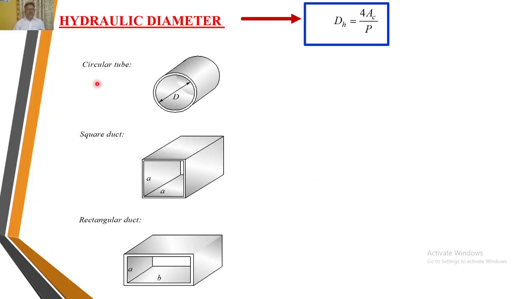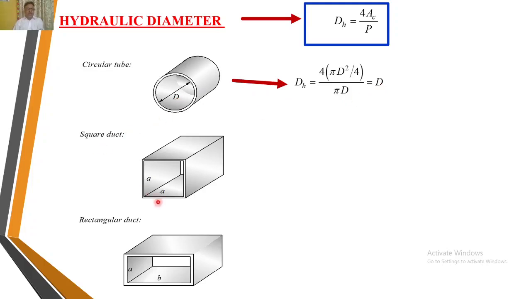For example, for a circular tube of internal diameter D, the hydraulic diameter is dh equal to 4 into the cross-sectional area, pi by 4 D square, over its perimeter, pi D. So the hydraulic diameter for a circular tube of diameter D is equal to its diameter D.